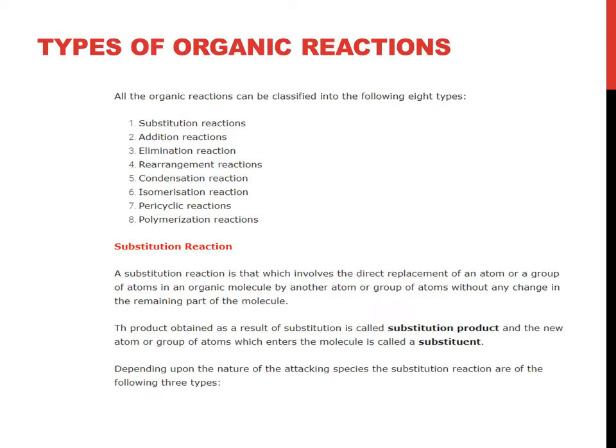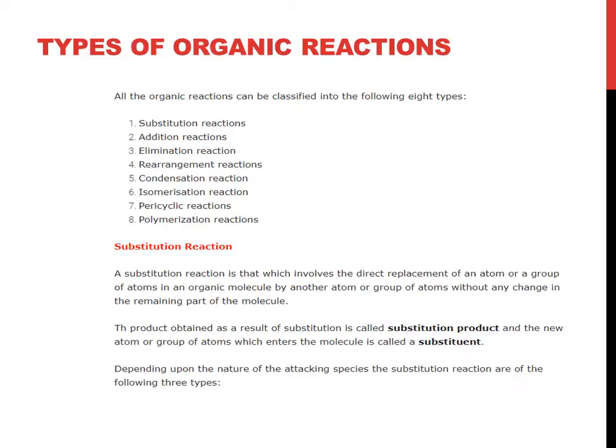Types of organic reactions. All the organic reactions can be classified into the following types: substitution reactions, addition reactions, elimination reaction, rearrangement reaction, condensation reaction, isomerization reaction, pericyclic, polymerization. Start with the substitution reaction.